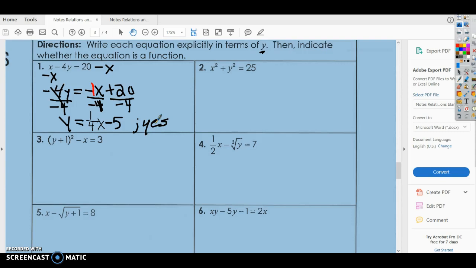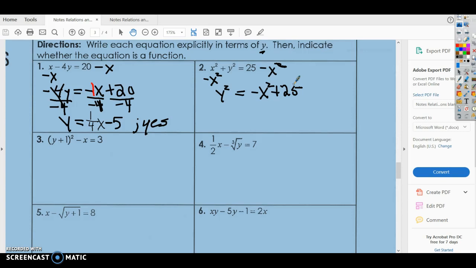So we're trying to get y by itself. So again, I'm going to subtract x squared from both sides. So I'm left with y squared is equal to -x squared plus 25. Okay? And then we have to do the inverse operation, and since we have y squared, the inverse operation for something squared is the square root.